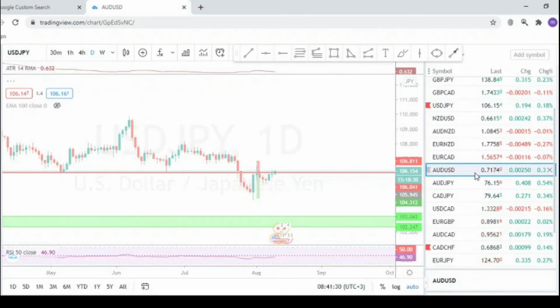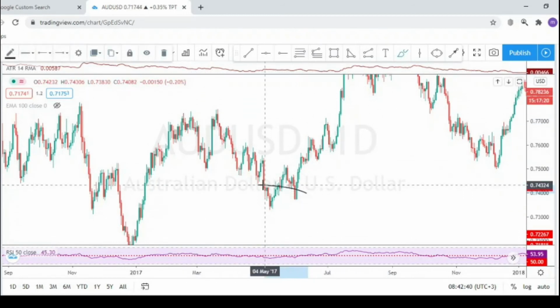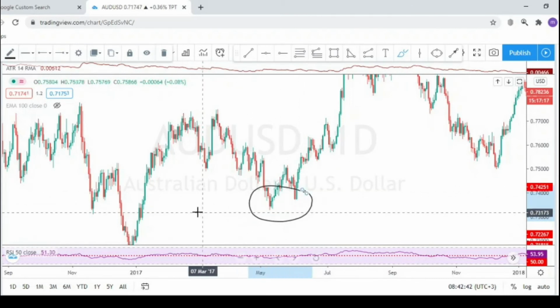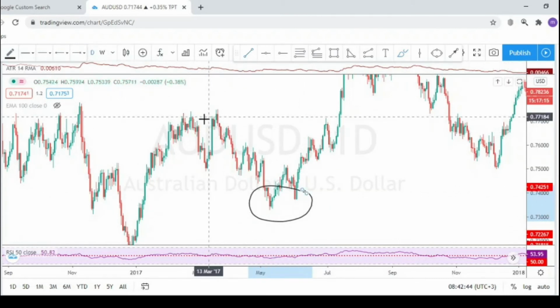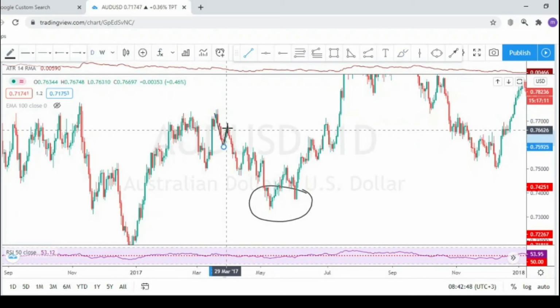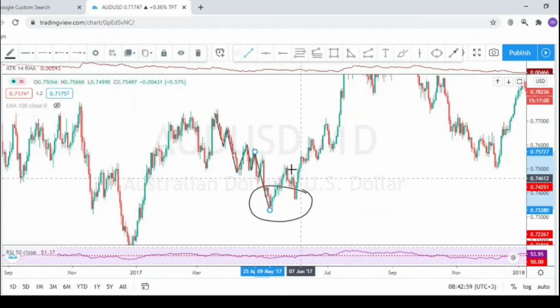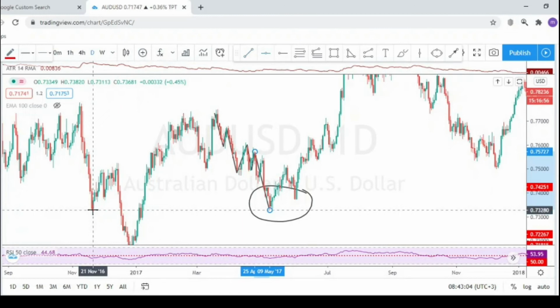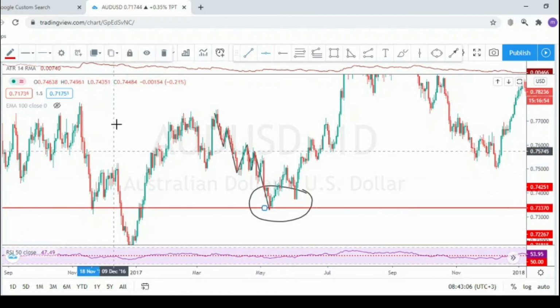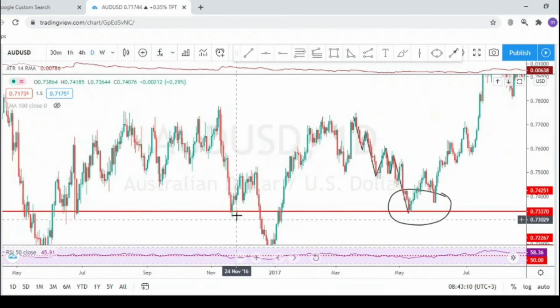Aussie dollar. In Aussie dollar, guys, we see another example here. This market has been trending to the downside, which is your first step that you have to make. Then when it came to this dynamic level of structure, it was tested here as support.